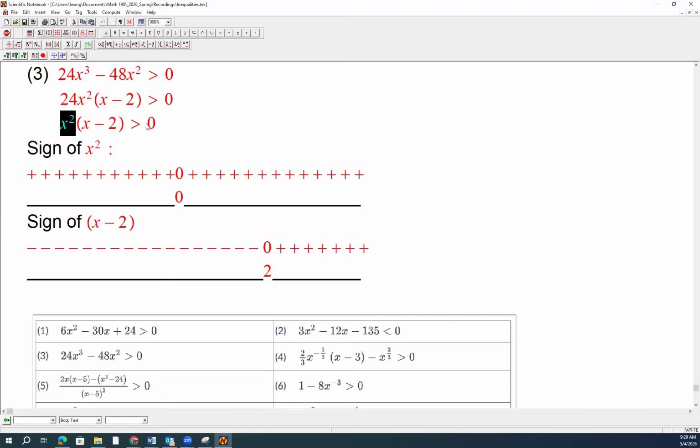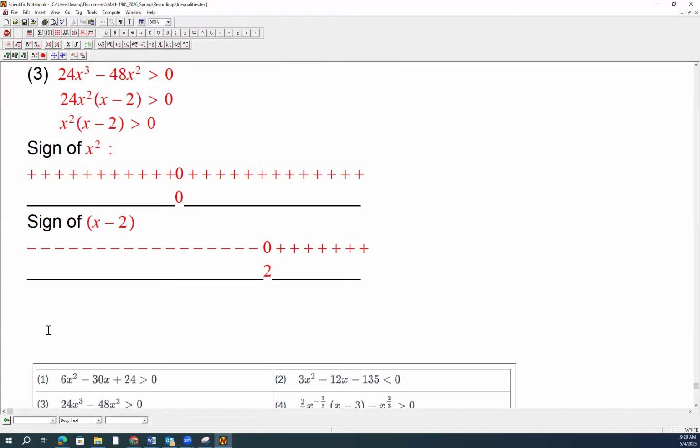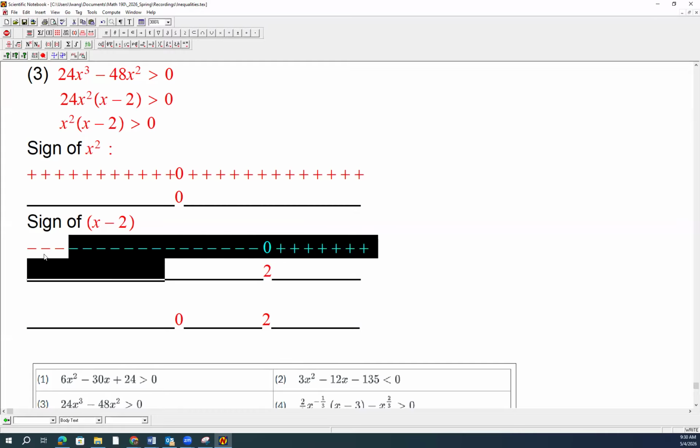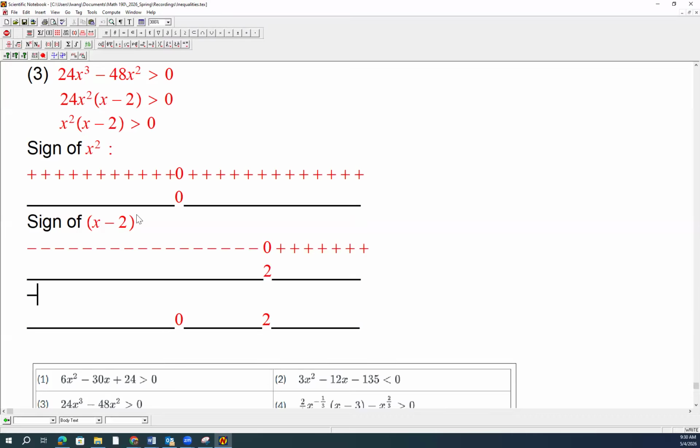So we want the product to be positive. So where do we get those products positive? You do the number line again. And you got 0 here, and you got 2 here. For any number less than 0, we got positive times negative, that's going to be negative.